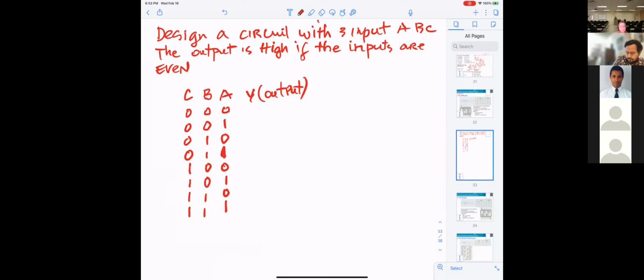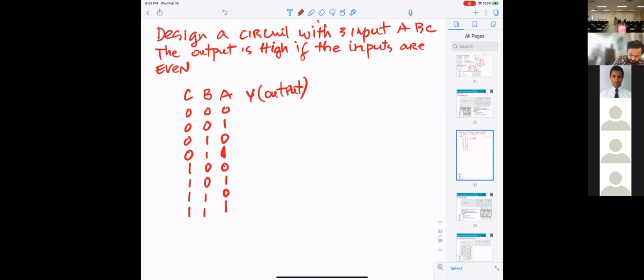Okay, first thing you have to get a truth table. That's what I gave to you. Any question on that truth table? You just made that up right now, right? Yeah, I just made it up to make sure you understand the process when we design anything in digital circuitry. You have to tell the people how many inputs you want.